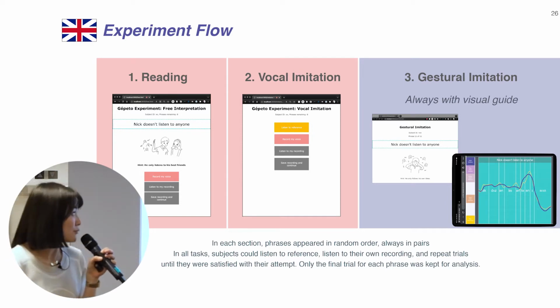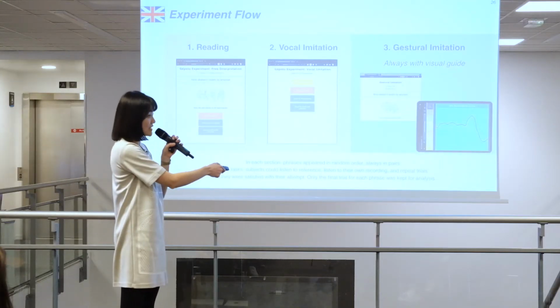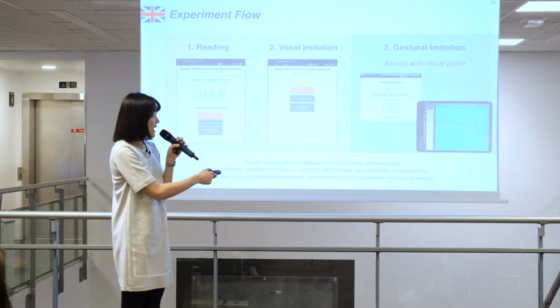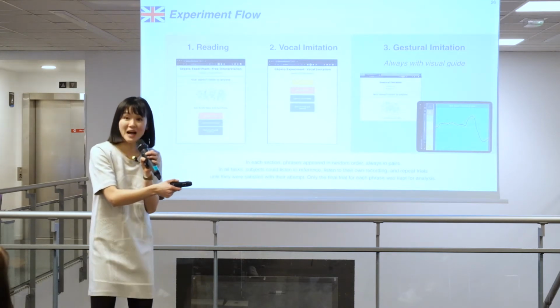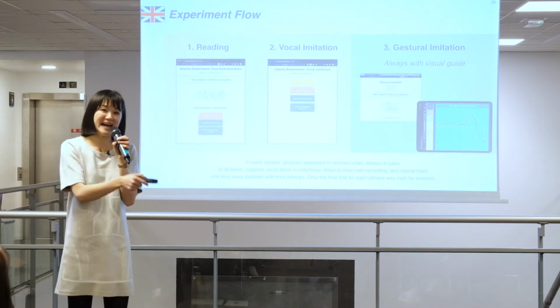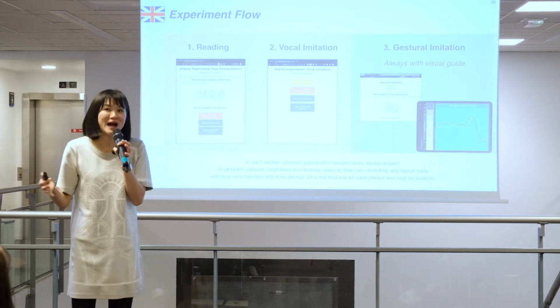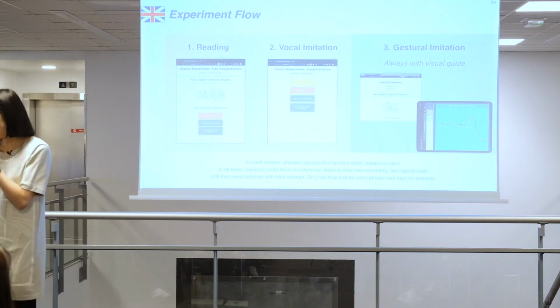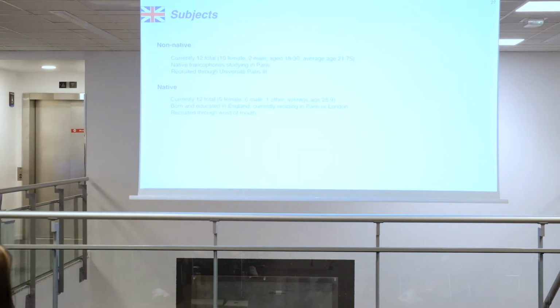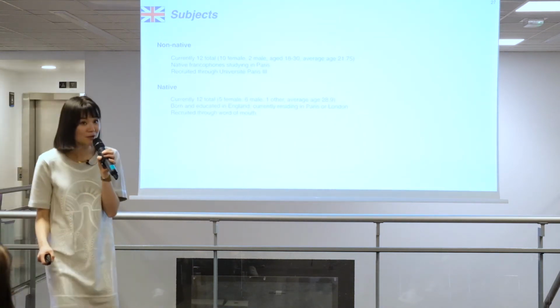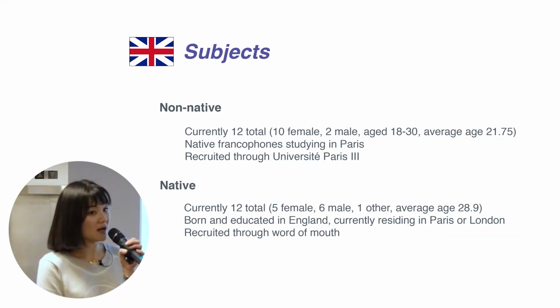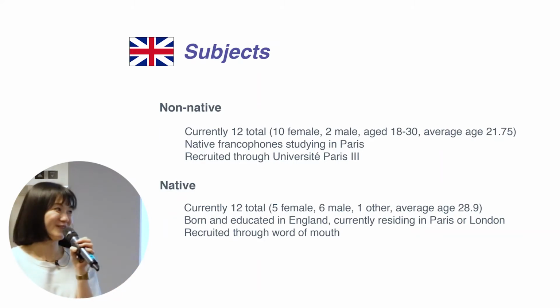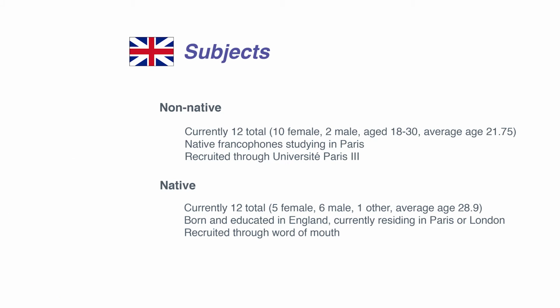And finally, there was the gestural part, which was always with the visual guide, because we demonstrated in the last experiment that without the visual guide was just too hard, basically. For the subjects, we ran 24 subjects total, 12 of each type. And I actually went to London for part of the British study.